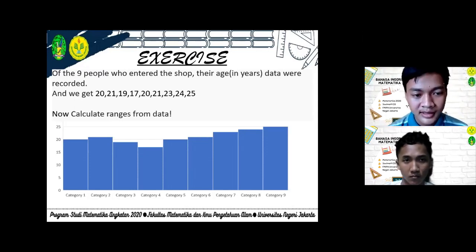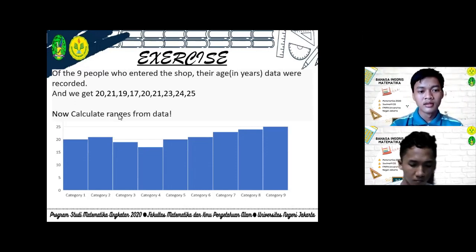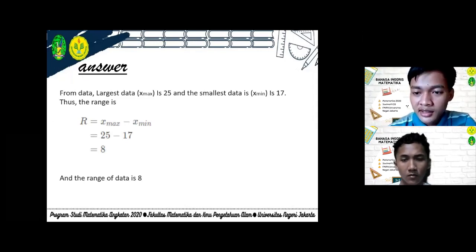Yes, the answer is correct. From the data, the largest data is 25 and the smallest data is 17. Thus the range is x max minus x min. This means 25 minus 17 is 8, and the range of the data is 8.